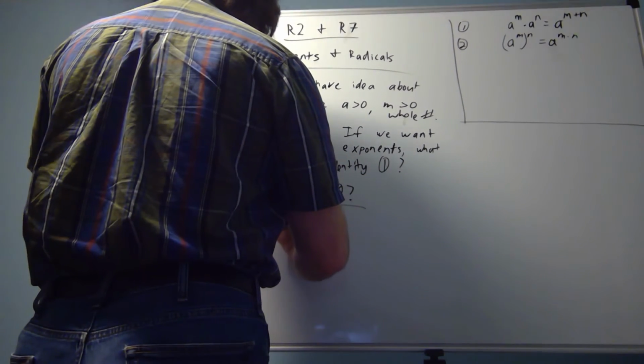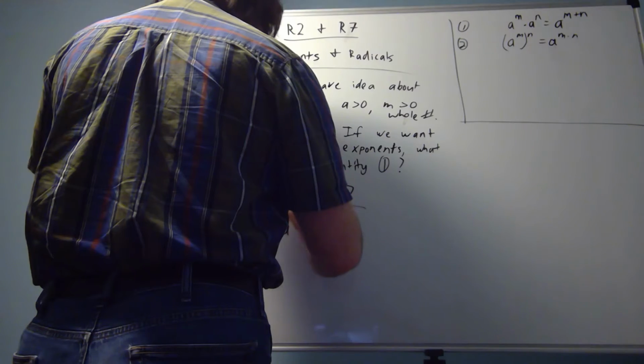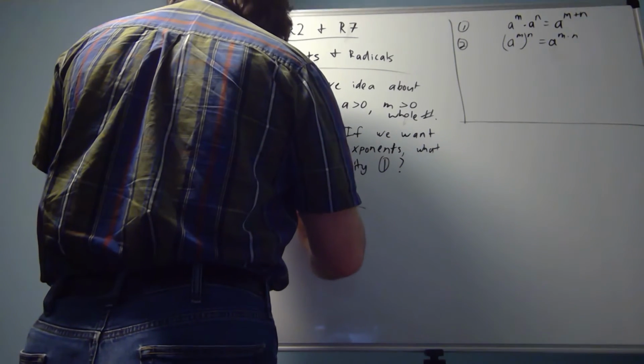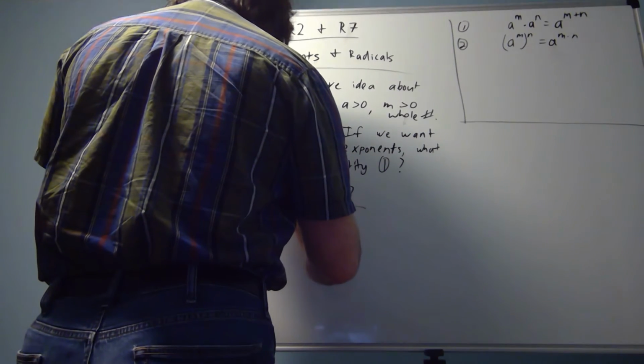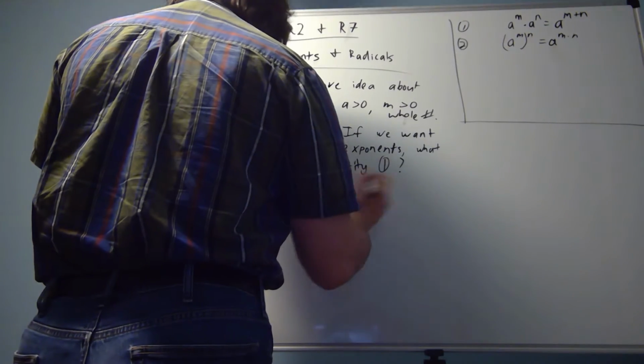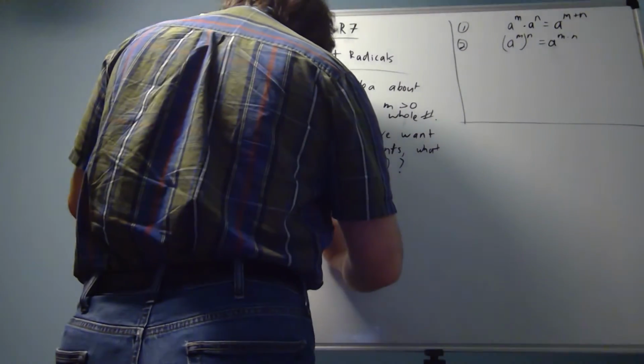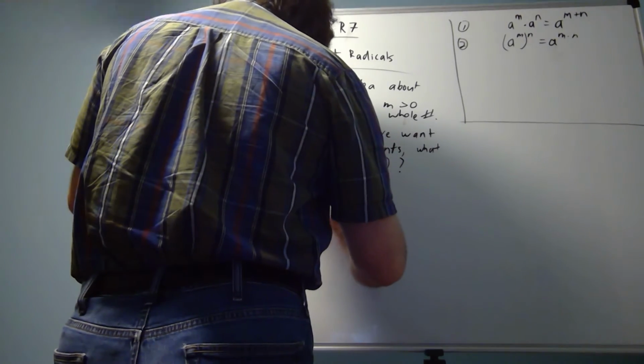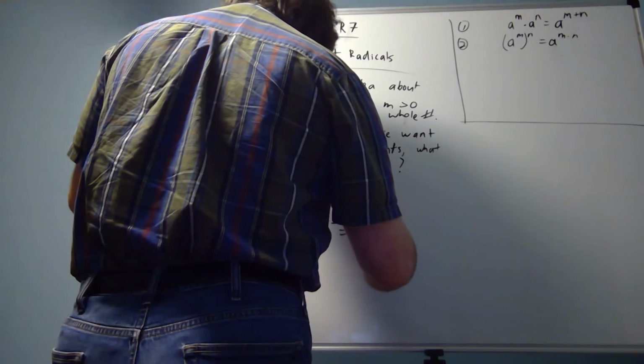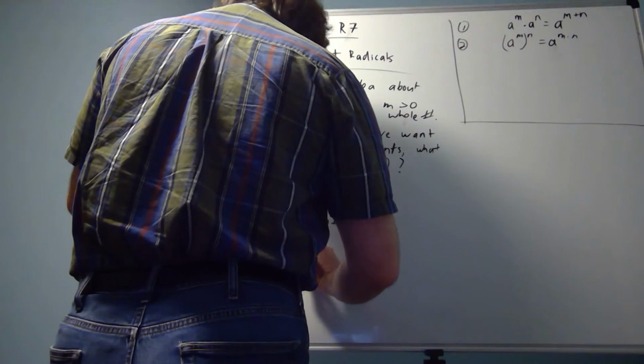Well, if I have a to the 0 times a to the first, for example. Well, what we just said is that our favorite identity says that this is a to the 0 plus 1, which is a to the first.